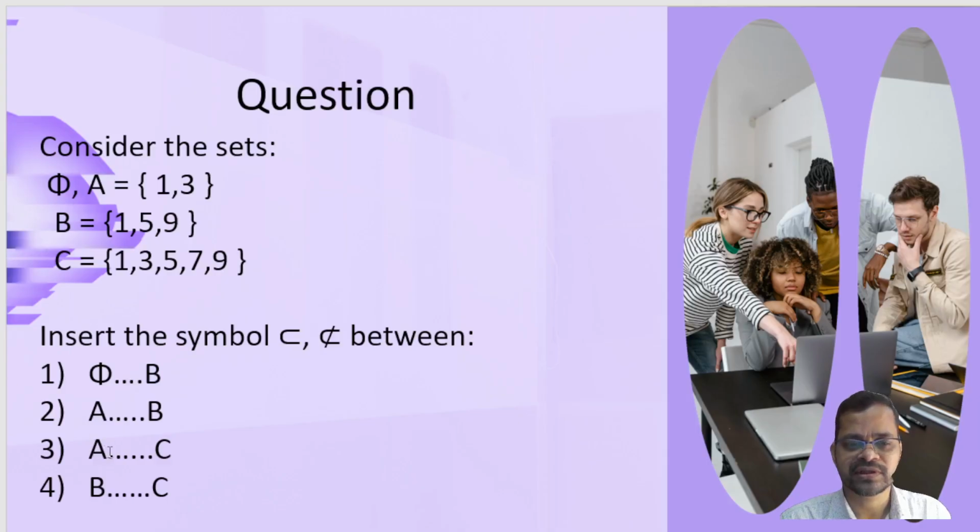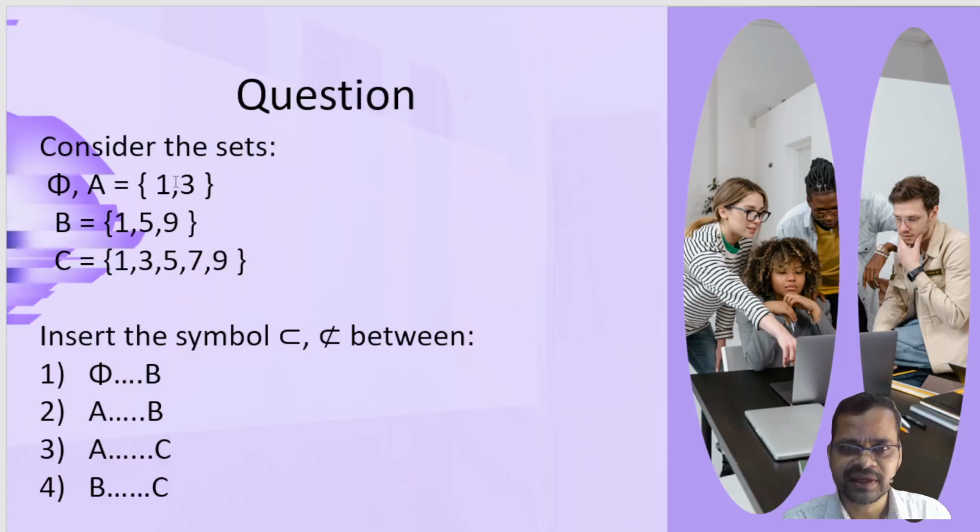Then the question says A and C, whether A is a subset of C or not. See the elements for a second, think and tell me. A has elements 1, 3, C has elements 1, 3, 5, 7, 9. What have we just discussed? Yes, if A has 1, 3 and C also has 1, 3 and other elements, it means all the elements of A are part of C also.